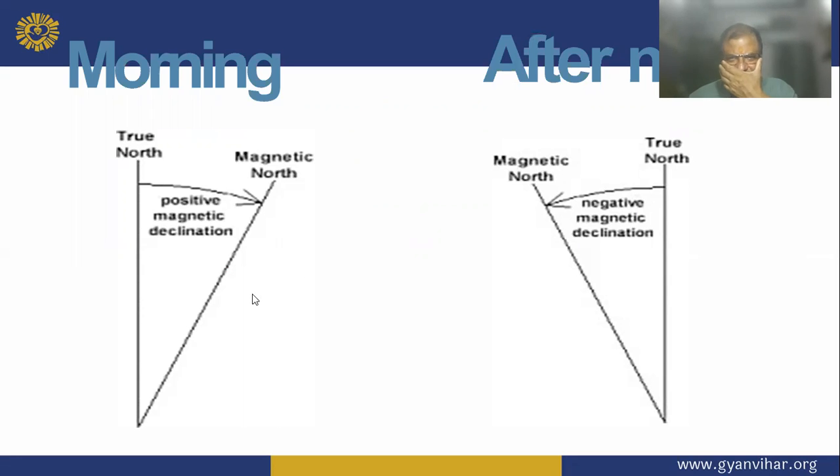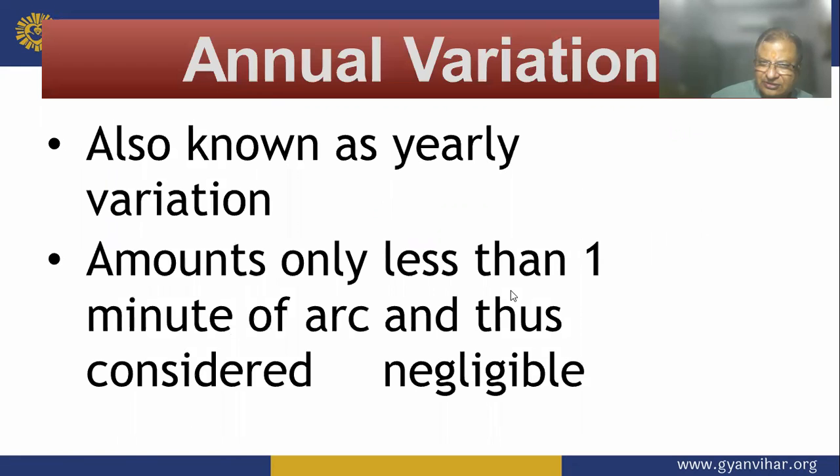The morning position is this and the afternoon position is this. Next is annual variation, also known as yearly variation. The amount is only less than 1 minute of arc and thus considered negligible.